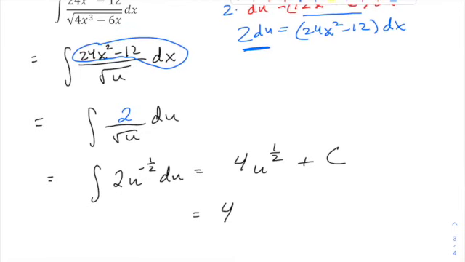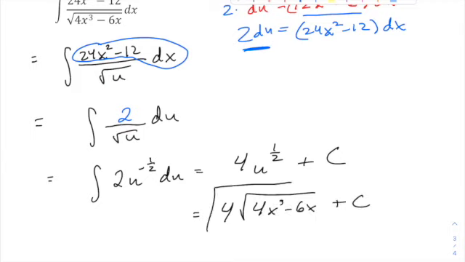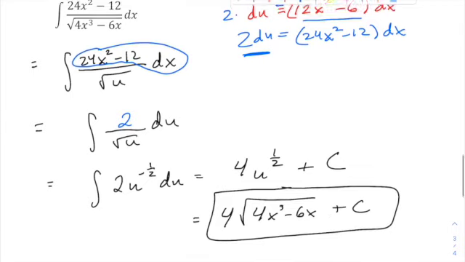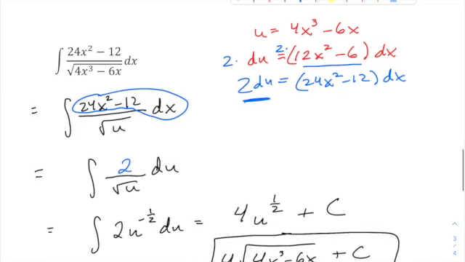We were just letting u stand in place, so if you like to use square root instead of the 1/2 power, doesn't matter. But u is standing in place for 4x cubed minus 6x. And there you go.